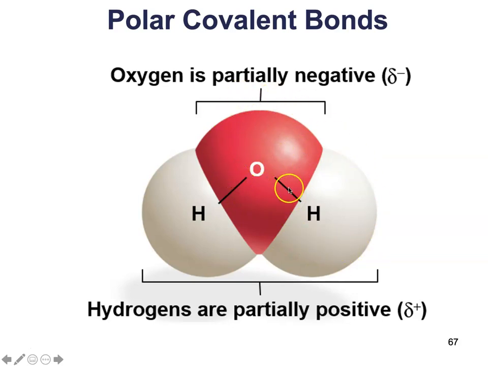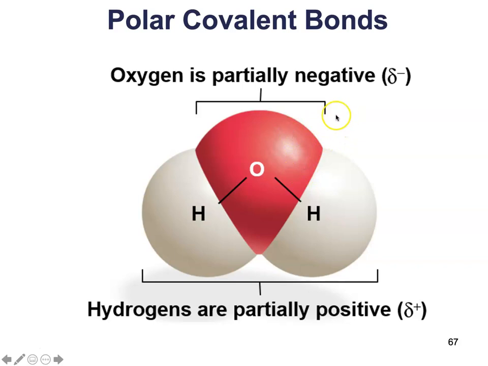Oxygen is not going to share equally, and it's going to do that with both of the hydrogens. Those electrons are going to spend a little bit more time with oxygen than with hydrogen. And because electrons have a negative charge, this is going to make the oxygen end of the molecule a little bit negative.